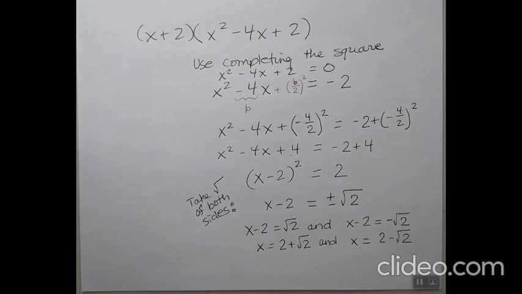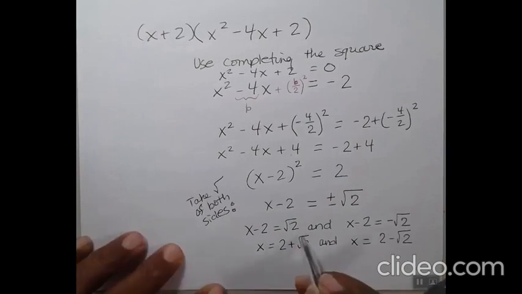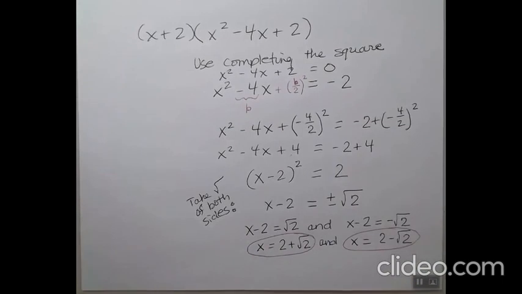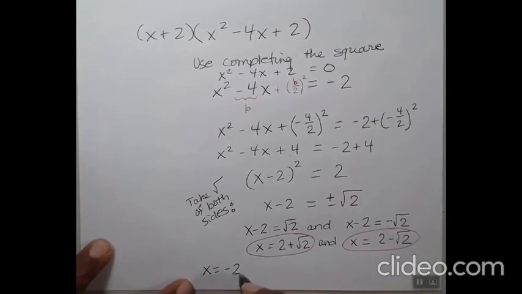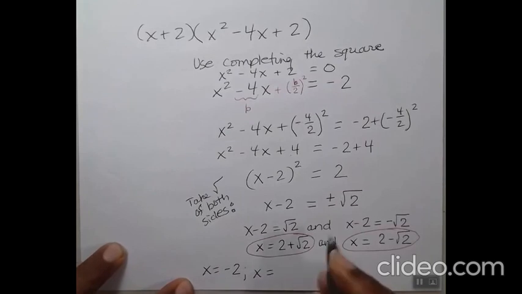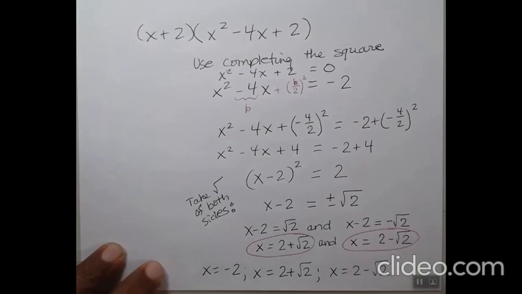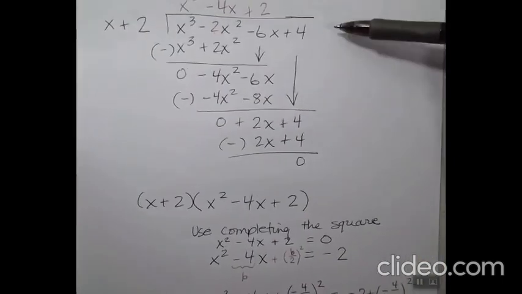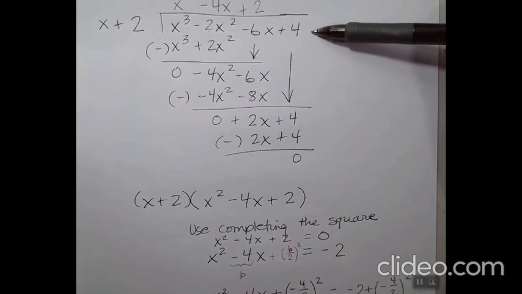Two more solutions to this cubic. We had x equals negative 2, x equals 2 plus the square root of 2, and x equals 2 minus the square root of 2. These are our three roots, three solutions to our original cubic of x cubed minus 2x squared minus 6x plus 4.